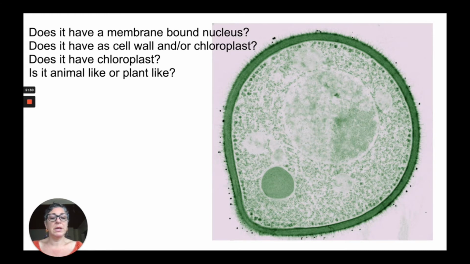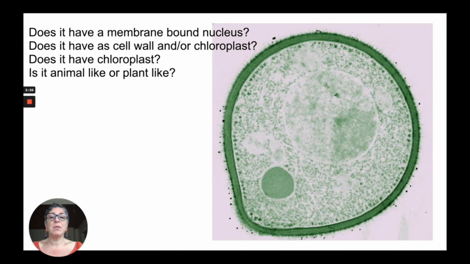So here is an example of an organism. Clearly it is one cell big. So let's ask ourselves some questions. Does it have a membrane-bound nucleus? The answer is yes. You can clearly see the dark green circular organelle closer to the bottom of the organism. That is a clear defined nucleus.